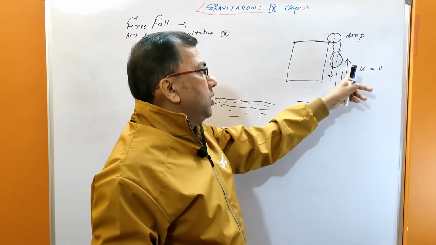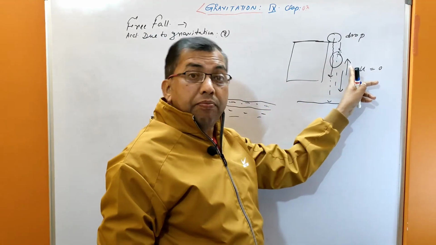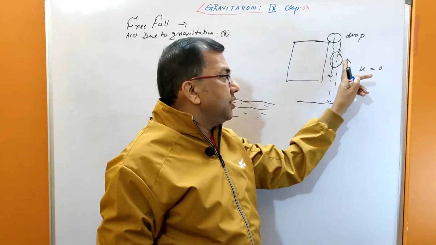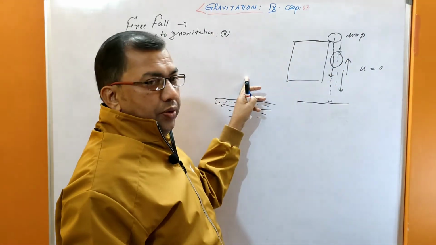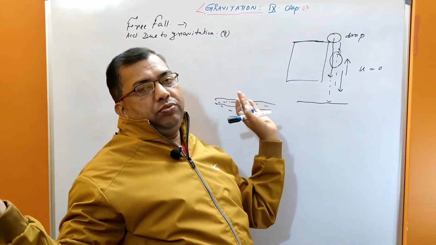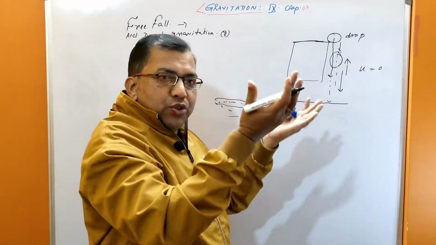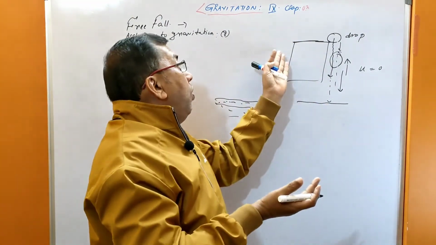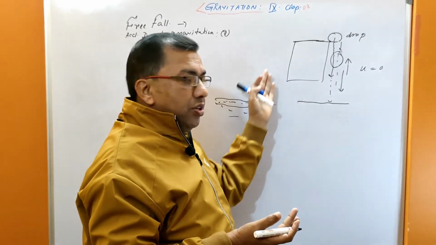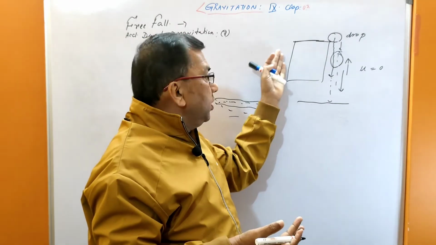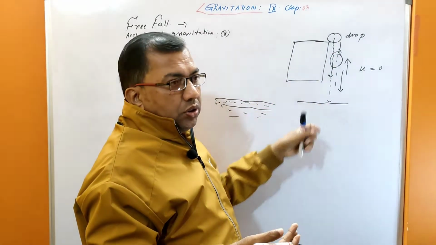So two forces are acting here. In case a man is falling down, the frictional force of air is resisting, and due to the gravity of the earth, he is coming down.